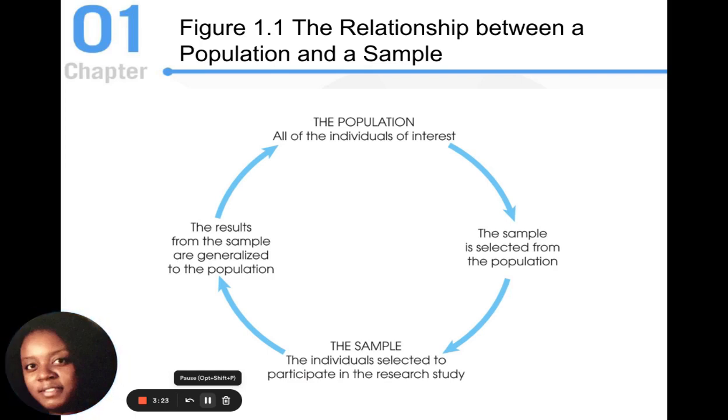So if I've randomly chosen people from my population, even if somebody didn't participate, I should be able to generalize those results because everyone in my population should in some way be equal or similar because they're all students at Tarrant County colleges.